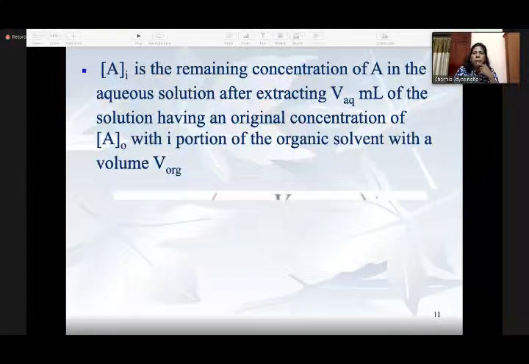Okay, you write down this: Ai is the remaining concentration of A in the aqueous solution after extracting B milliliters of the solution having an original concentration of A0, with i portions of the organic solvent with the volume B. So can you take a small note about these lines?